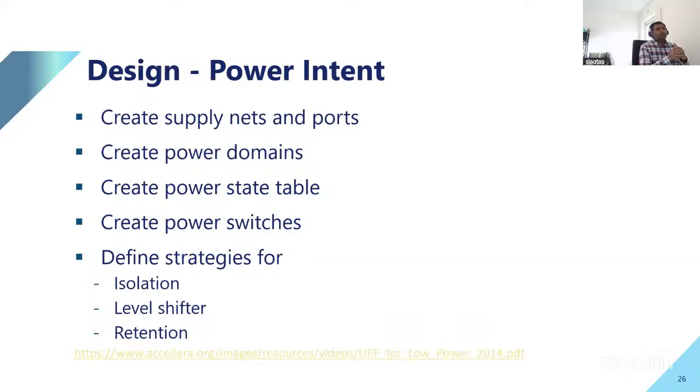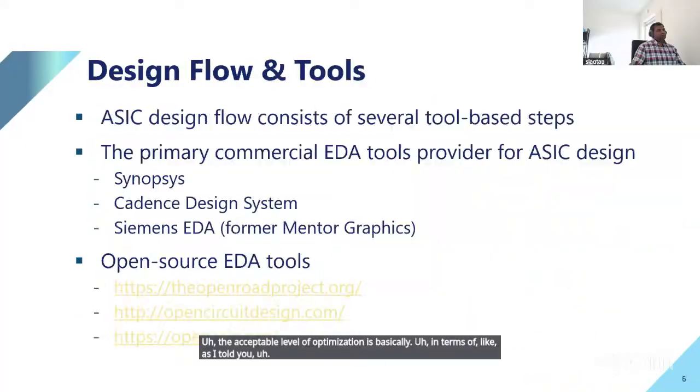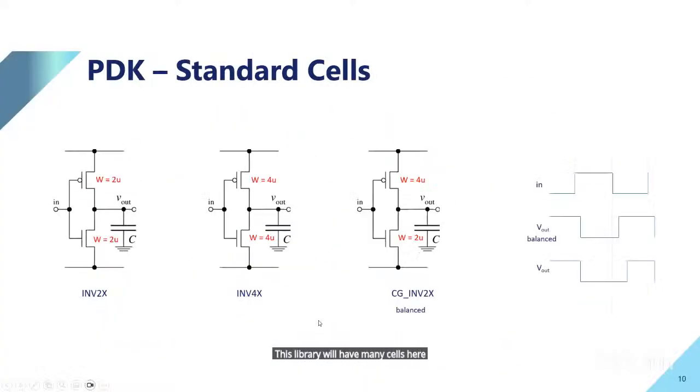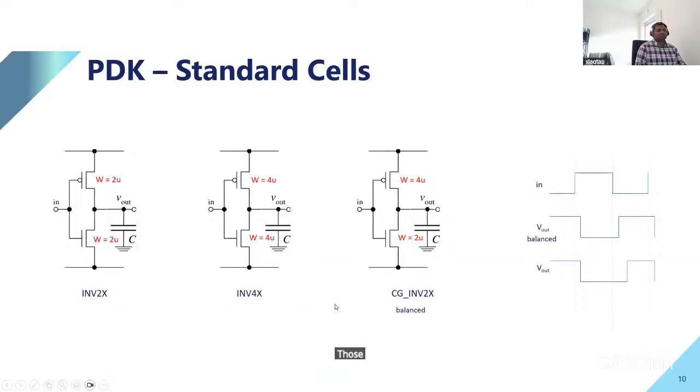The acceptable level of optimization is in terms of, as I told you, this library will have many cells. Low VT cells are fast cells, while high VT cells are slow but power efficient.